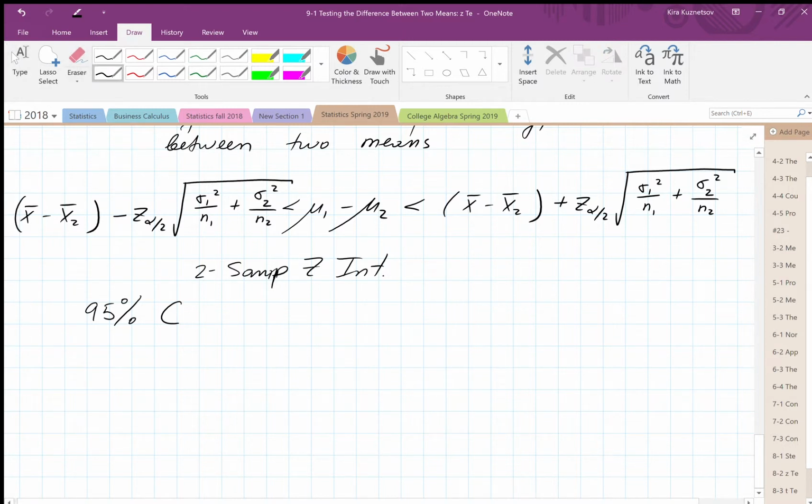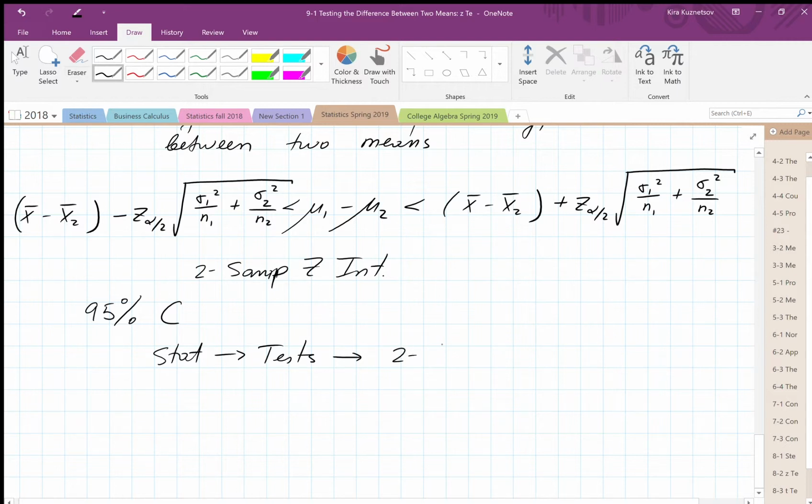So let's do that. Under your stats, go over to tests, go down to 2 sample z interval.